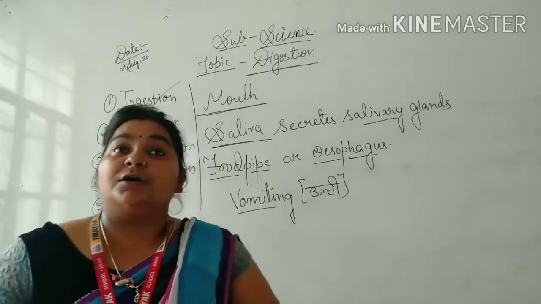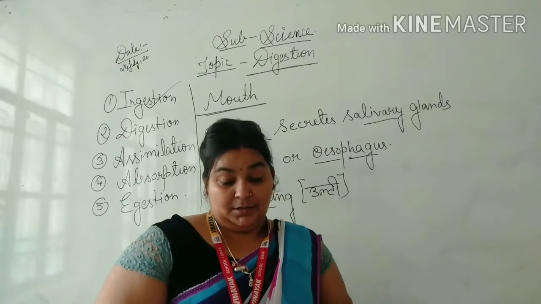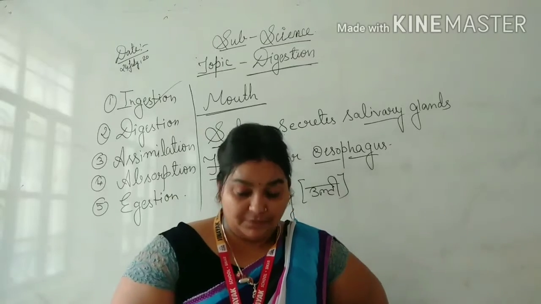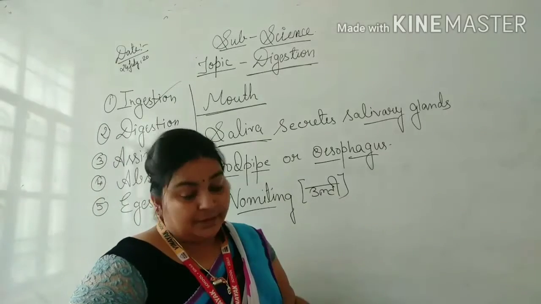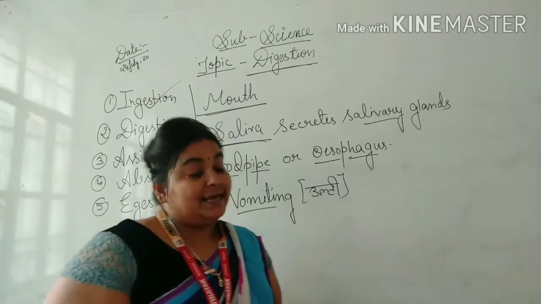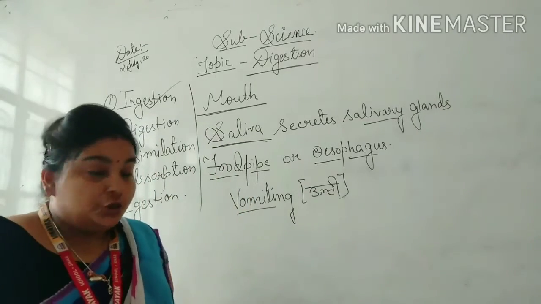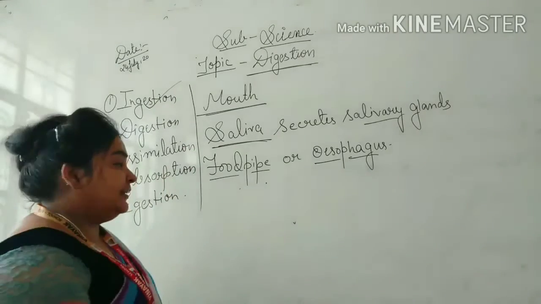Usually the stomach looks like a J-shaped bag-like structure made up of muscles. It receives food from the food pipe, and the stomach secretes two types of juices. What are they?